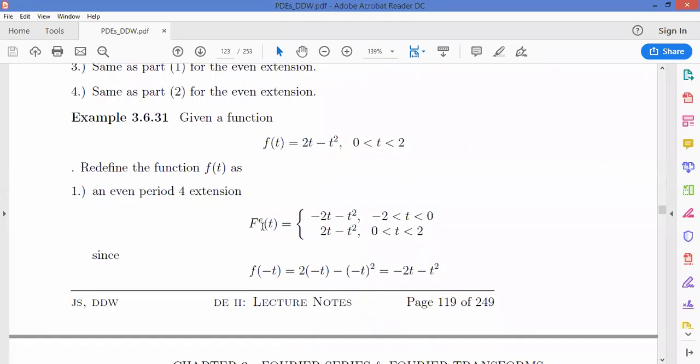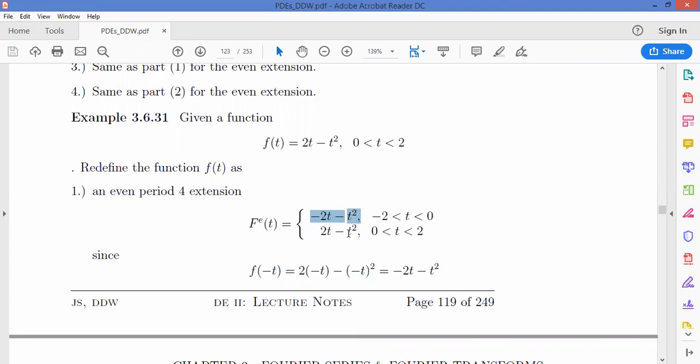Okay, so this is just an illustration of how you could extend this to a period 4 extension. Remember, this is simply 2 once you include the range from -2 to 0.